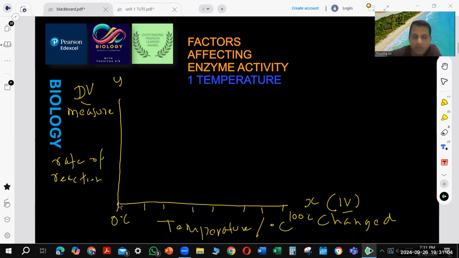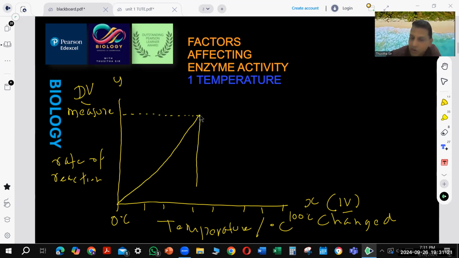And what will happen? The rate of reaction slowly increases and then goes up to a maximum. So the rate of reaction is maximum here. Then I can check the temperature from the x-axis. What is the temperature when the rate of reaction is maximum? You draw a line to the x-axis and check the temperature.